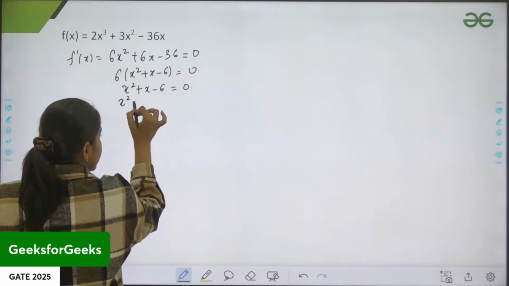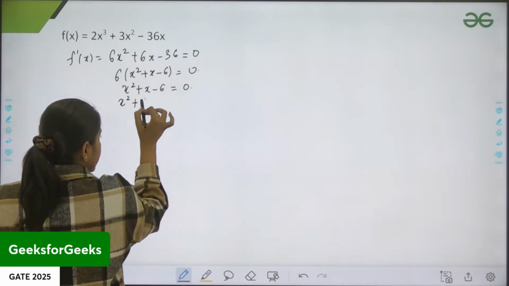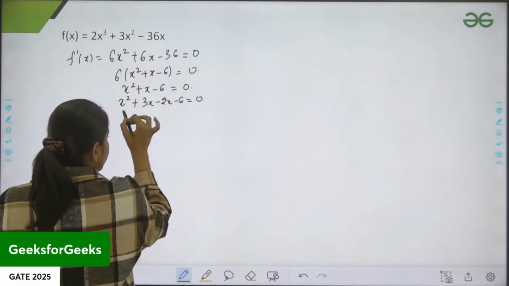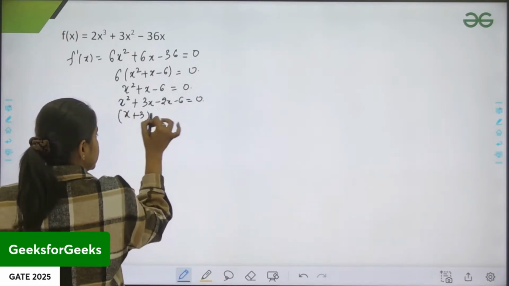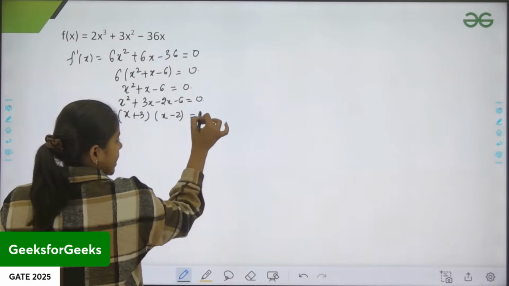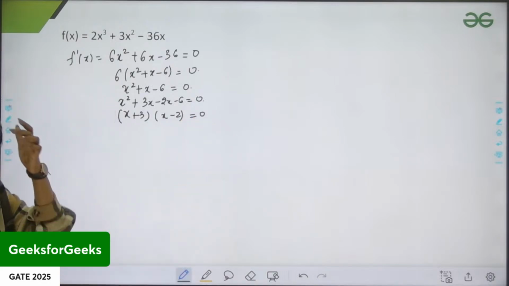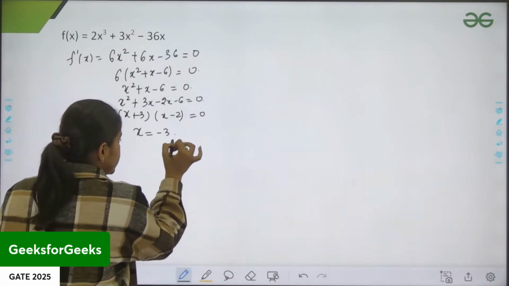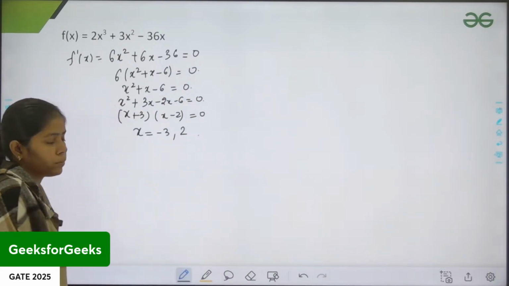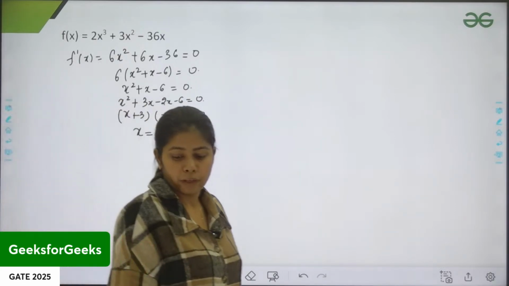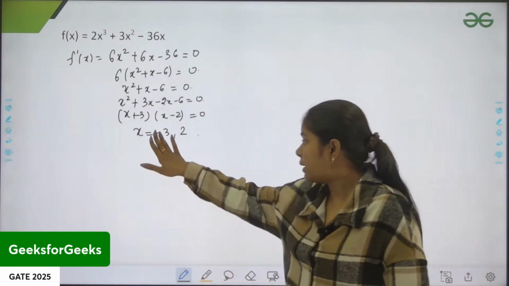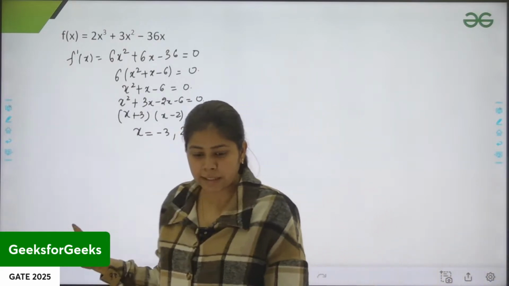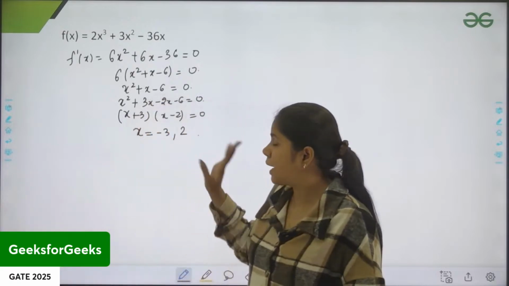So that becomes x square plus 3x minus 2x minus 6 equals 0. So its roots become x plus 3 and x minus 2. This is basic calculation, basic mathematics. So either this would be 0 or this would be 0. So we get two critical points here, x equals minus 3 and 2. Just let me know, guys, if everybody is getting the same critical points, that is minus 3 and 2.